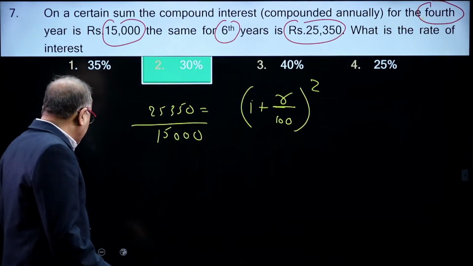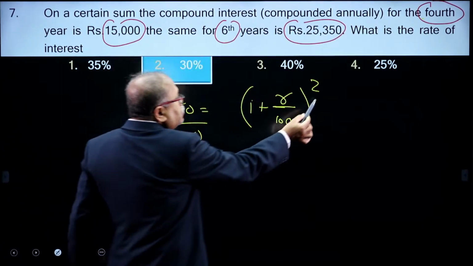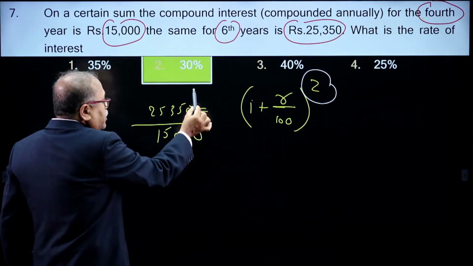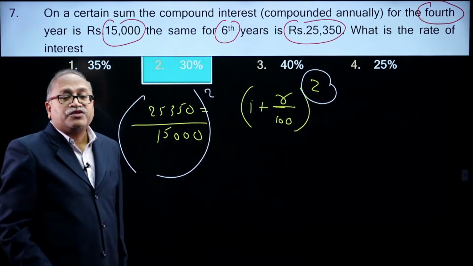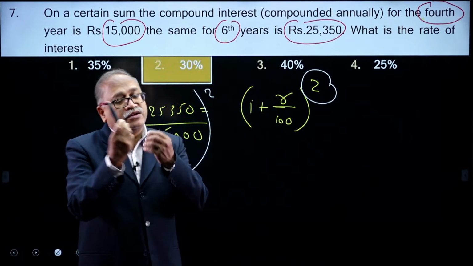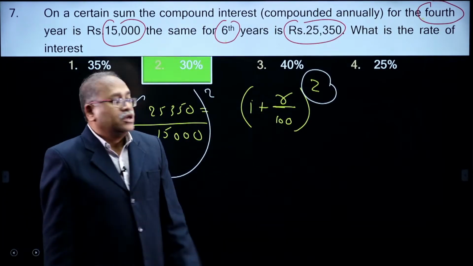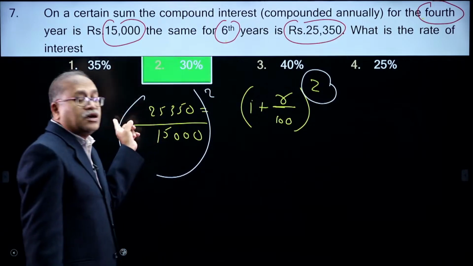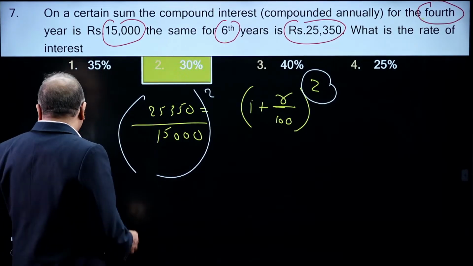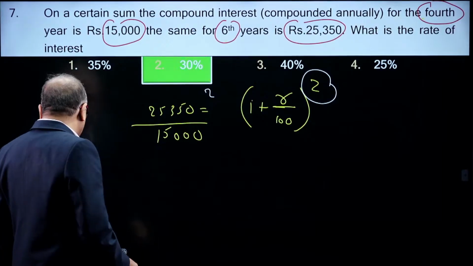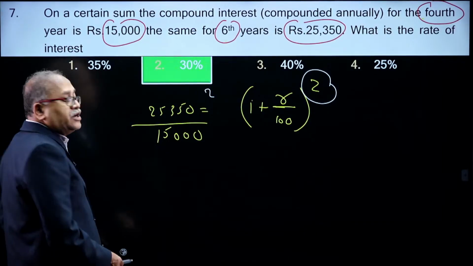The point to be noted in compound interest: when it is power 2, then definitely you will get the other side in the form of power 2, then only the equation is possible, otherwise the equation is not possible. If you are getting power 3 here, on the right hand side also you will get power 3. You have already understood this, I am not spending too much time on this, because you already answered the question.